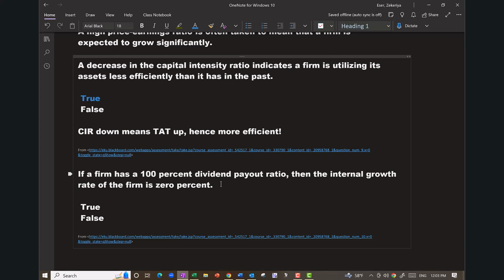Yay or nay? Come on, guys. I don't want to be the only one talking. Mitchell? I said yay. Okay, why? Because if they have a 100% dividend payout ratio, that means they're paying out everything. There's nothing left to use. Exactly. Remember, there are no more internal resources. So it's zero.